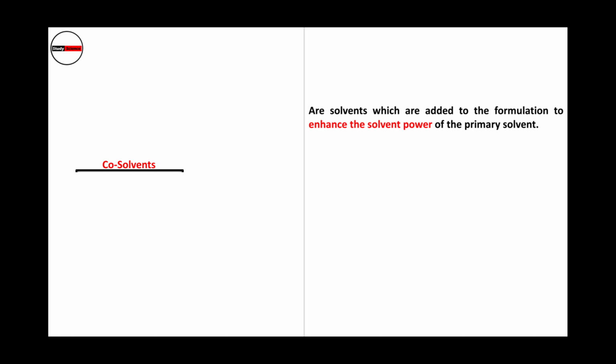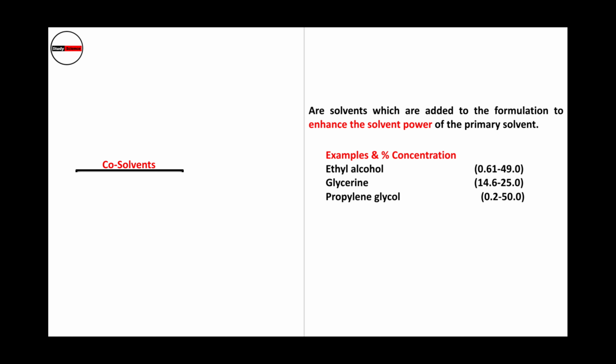Here are some examples of co-solvents which we use in parenterals. Ethyl alcohol, the concentration is 0.61 to 49%. Glycerin 14.6 to 25%. Propylene glycol 0.2 to 50%.